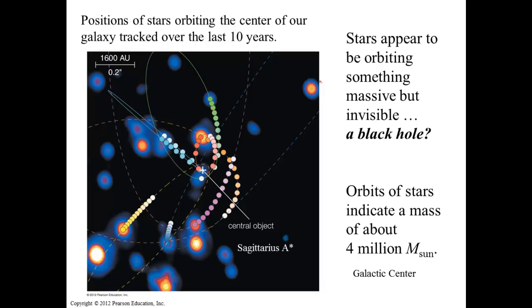The teapot is a subset of Sagittarius, it has a handle and a spout, and where that spout is, that is where the center of our galaxy is. So it's not surprising that the black hole at the center of our galaxy has been called Sagittarius A star. Why? Because it's in the constellation Sagittarius, specifically the teapot.